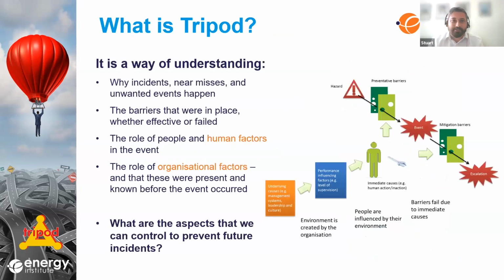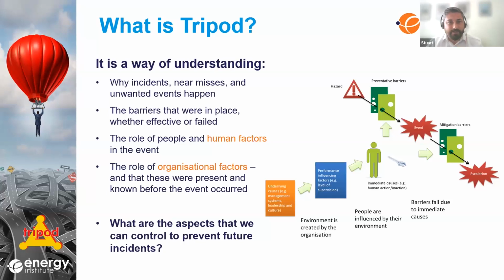So what actually is tripod then? Tripod is ultimately a way of understanding why incidents and near misses and other unwanted events happen. It's closely tied to the Swiss cheese model, and it really is all about barriers and the placement of barriers in between hazards and events, and understanding why those barriers failed.